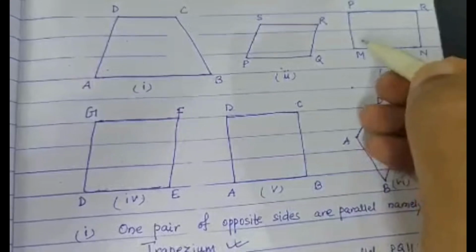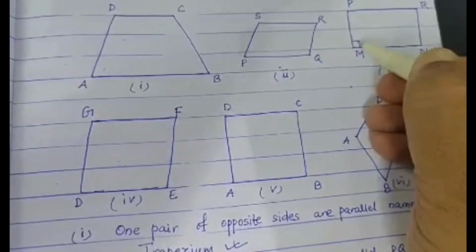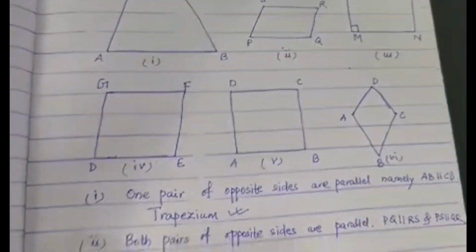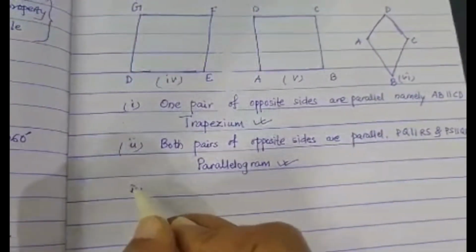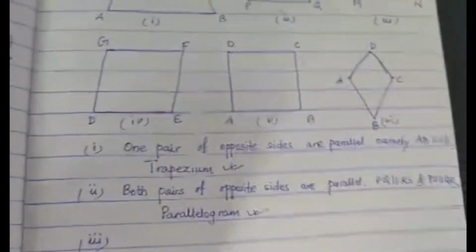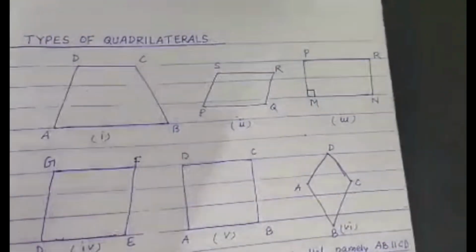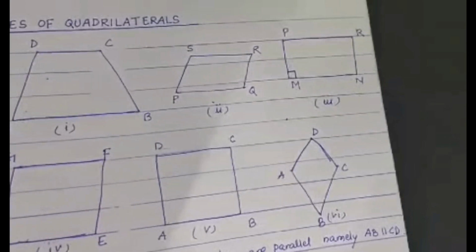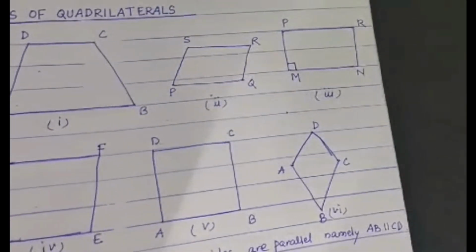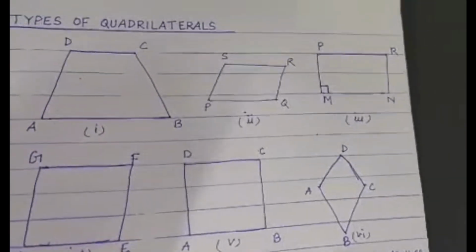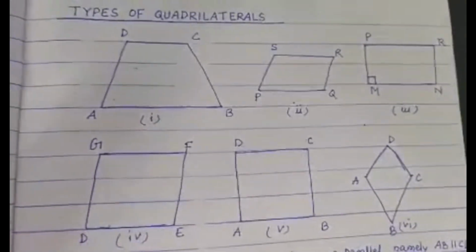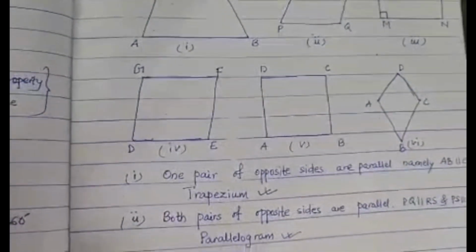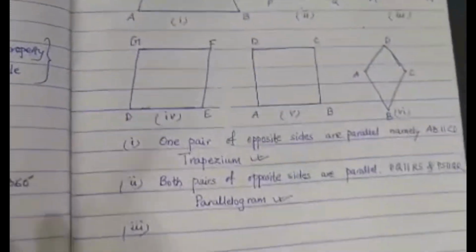But there are some other names also for these quadrilaterals. We will discuss. Let us suppose the third one. When you see opposite sides are parallel, no doubt you can see opposite sides are parallel, but one of the angles is a right angle. Angle M is a right angle. So this is called a special type of parallelogram called a rectangle.